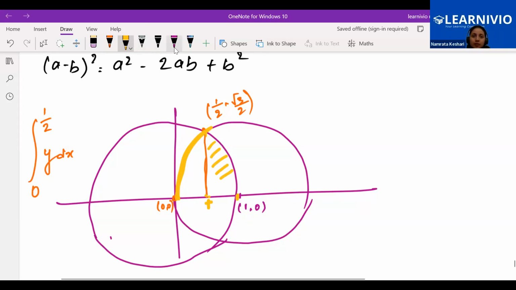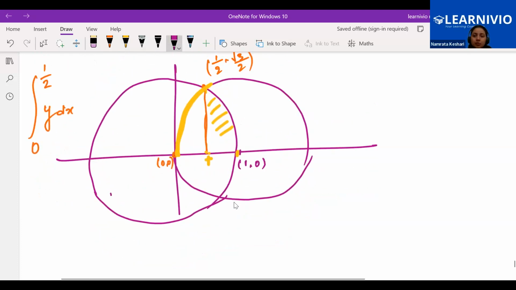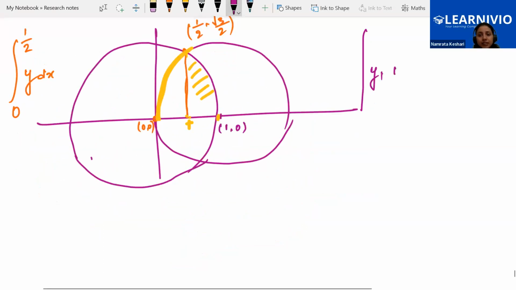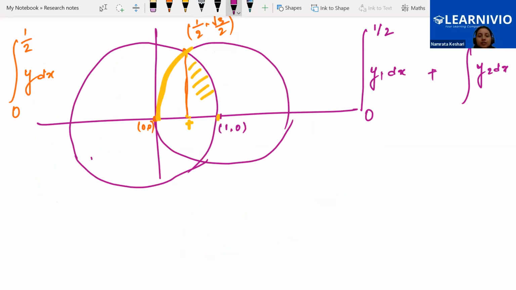Here, with upward curve and downward curve, we are not able to do subtraction just like the previous one. So here we will find the integral of y1 dx plus the other part, that is y2 dx. Now what is y1? From 0 to x equals 1 by 2, which curve is y1? We are saying this yellow part. Can you see? It is the part of which circle, Murtaza?